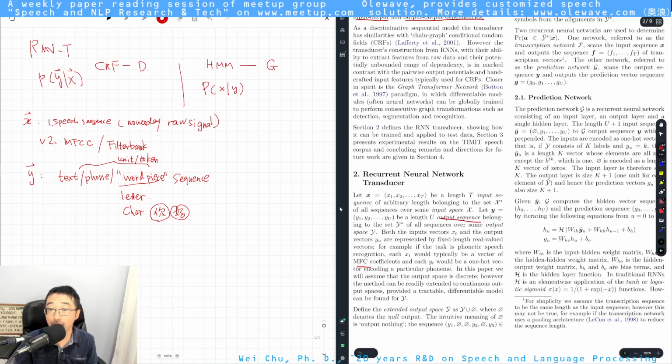This is not word sequence. And what is the y star? Y star means the set of all sequences. What does that mean? First of all, there's a space y. How did he define the y?